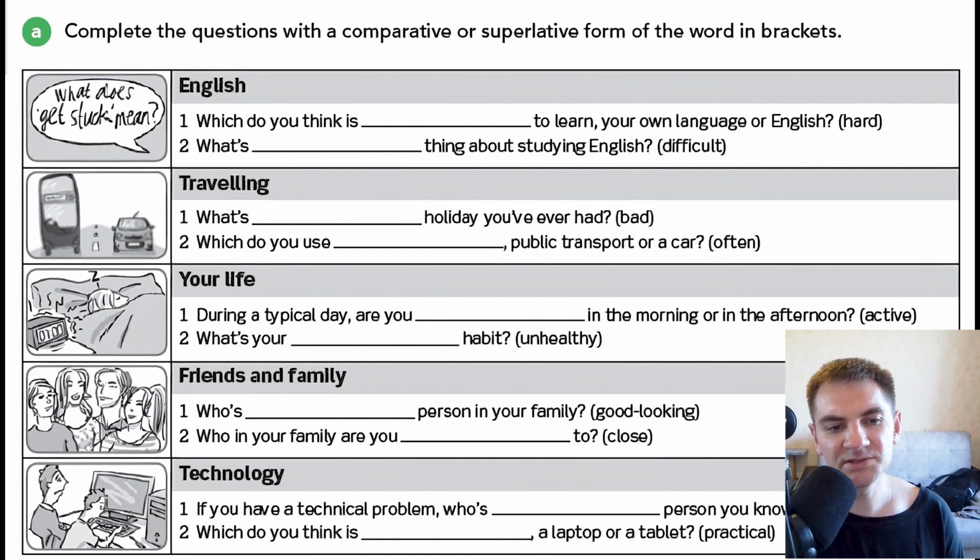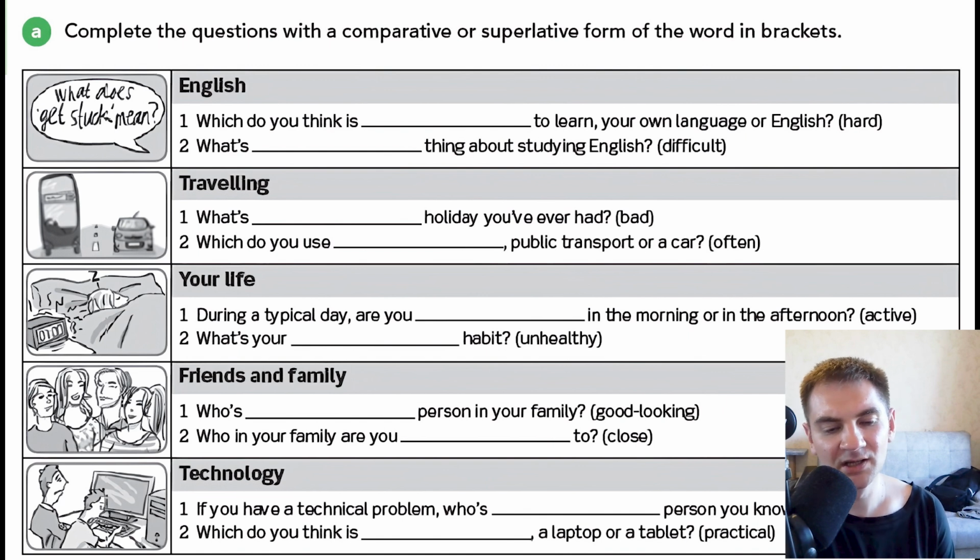Number 2, which do you think is more practical, a laptop or a tablet? Oh, if we compare, I think more practical is a laptop because, no, actually I don't know. It depends on what purposes you're going to use it for. For example, for some university lectures, I would use a tablet because it's smaller, you can take it everywhere, and you don't need to charge it as much as a laptop.